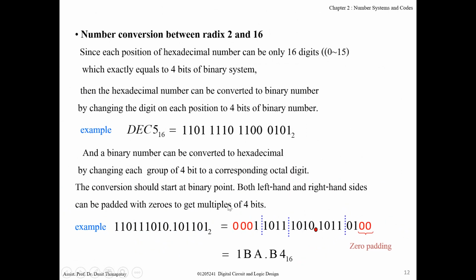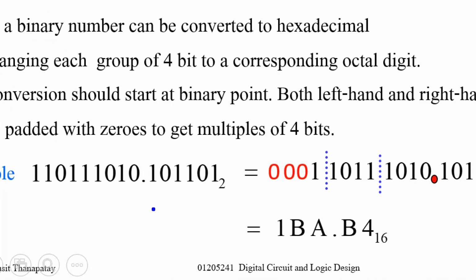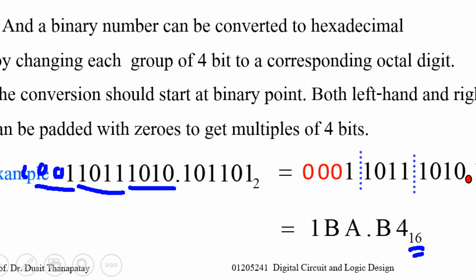And next, for example, you want to convert this radix 2 number to hexadecimal. You use 4 bits for each group. Not enough, then you can add 0, 0, 0. For this one, if not 4 bits, you can add 0, 0.